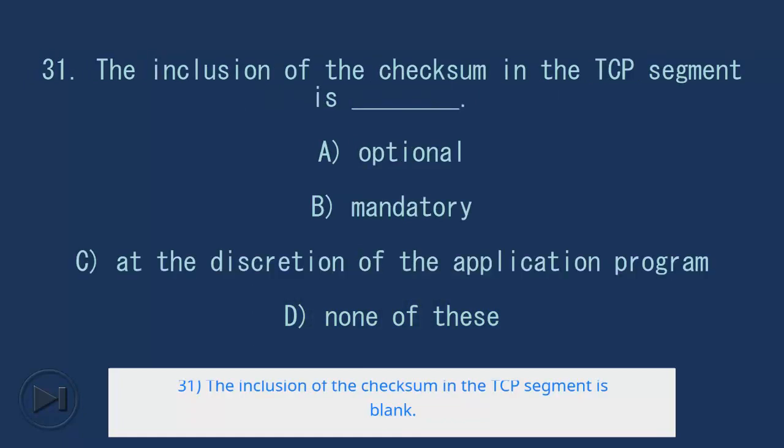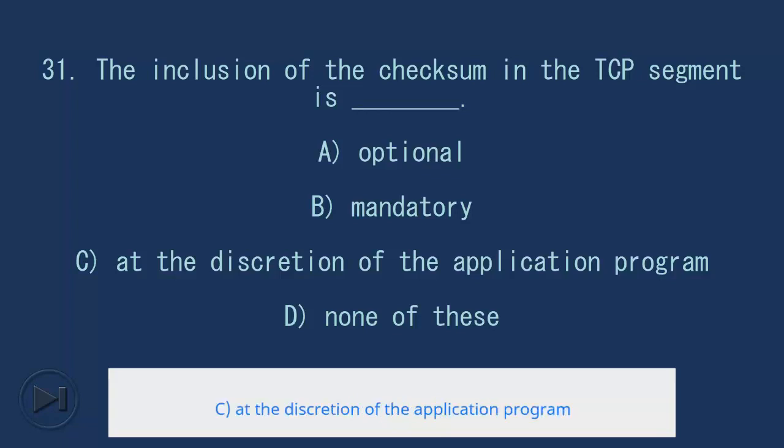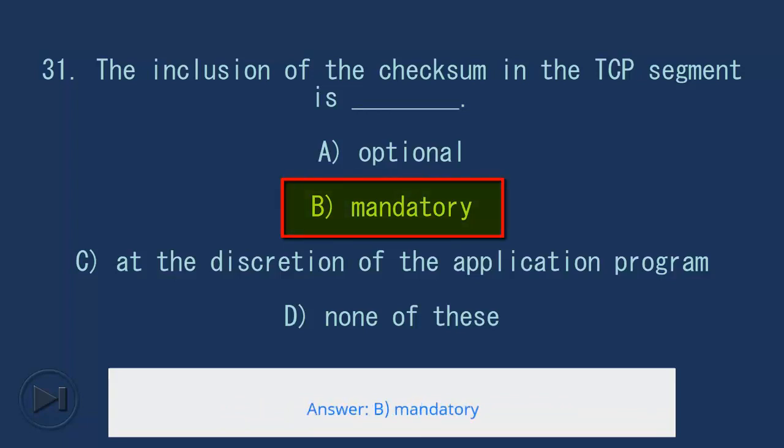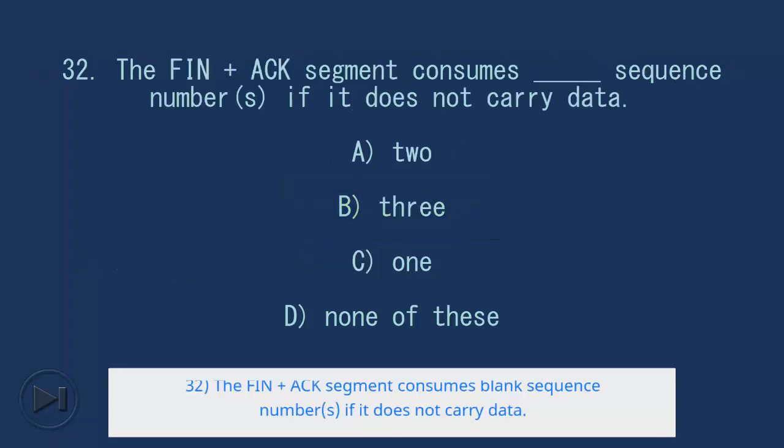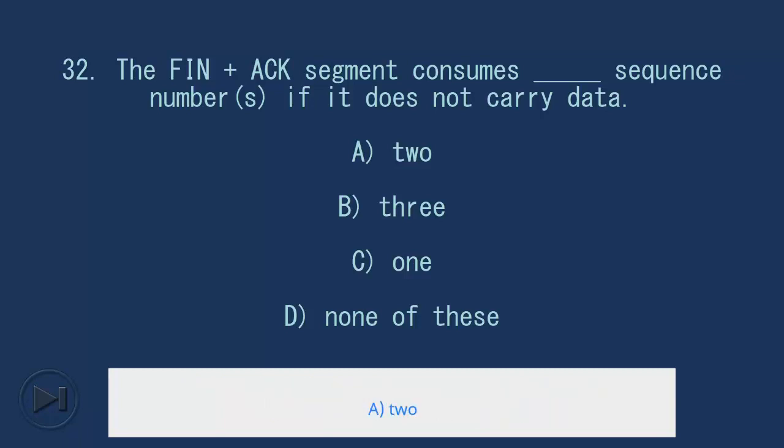31. The inclusion of the checksum in the TCP segment is blank. A. Optional. B. Mandatory. C. At the discretion of the application program. D. None of these. Answer, B. Mandatory. 32. The SYN and ACK segment consumes blank sequence number, S, if it does not carry data. A. 2.